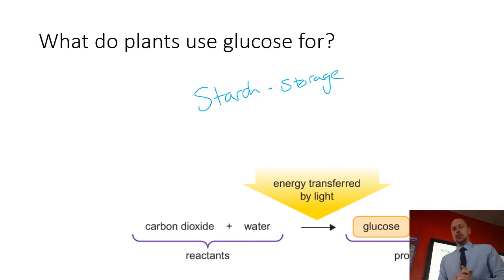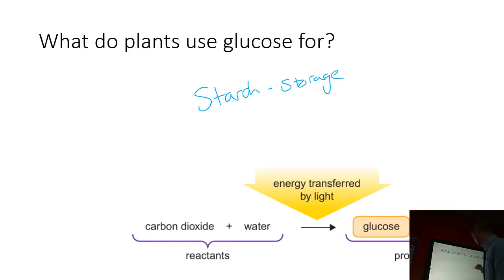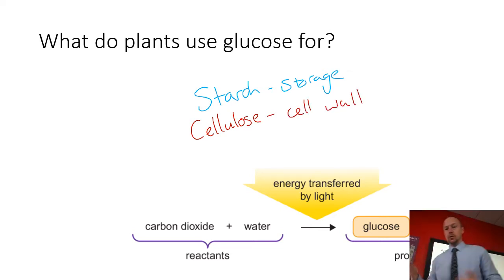Second thing plants can make out of glucose is cellulose, and that is what the cell wall is made out of. So it's a big polymer which is made out of glucose. The next thing that plants can also make is fatty acids. So fatty acids and glycerol, lipids.